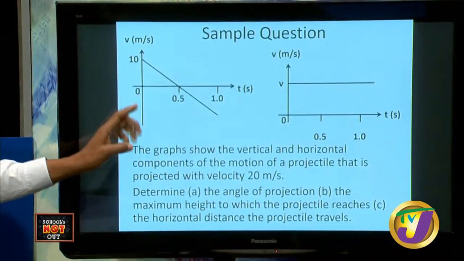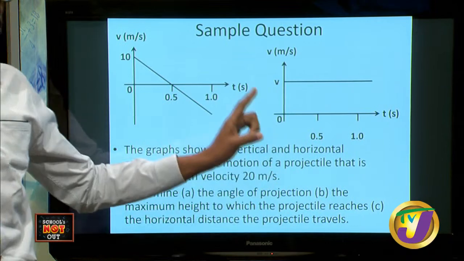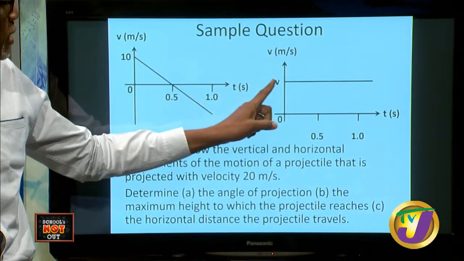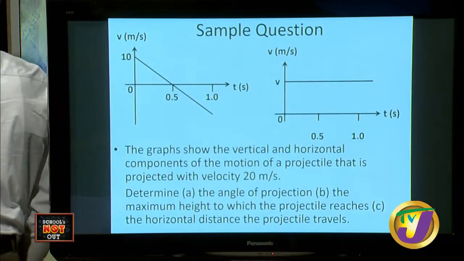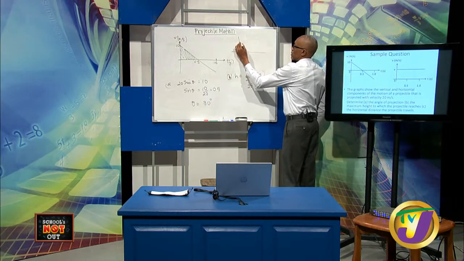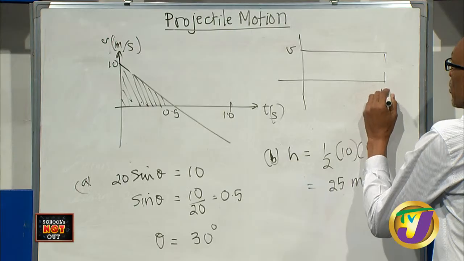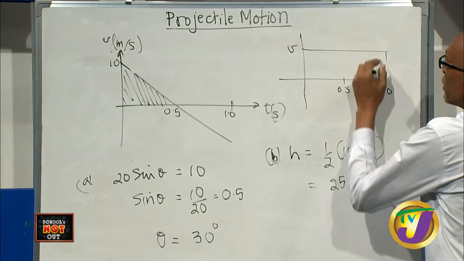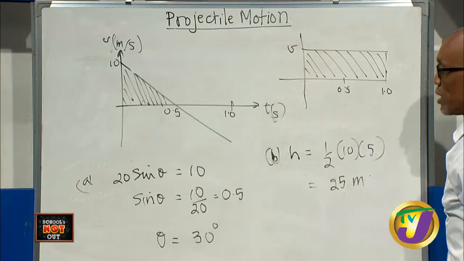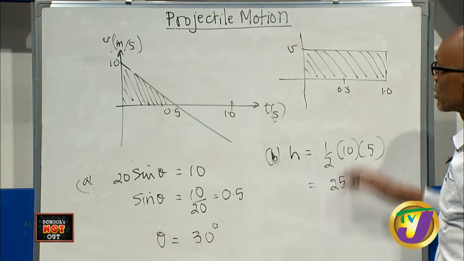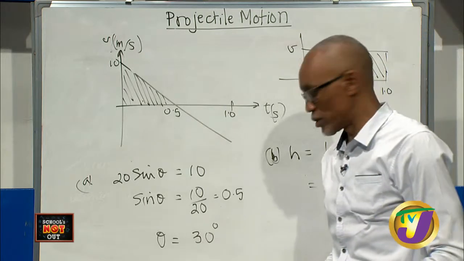Part C requires, now if we want to determine what the horizontal distance would be, it will be v times 1, because remember this is v, and this is 1.0 seconds. This area would be the horizontal distance that this thing travels.